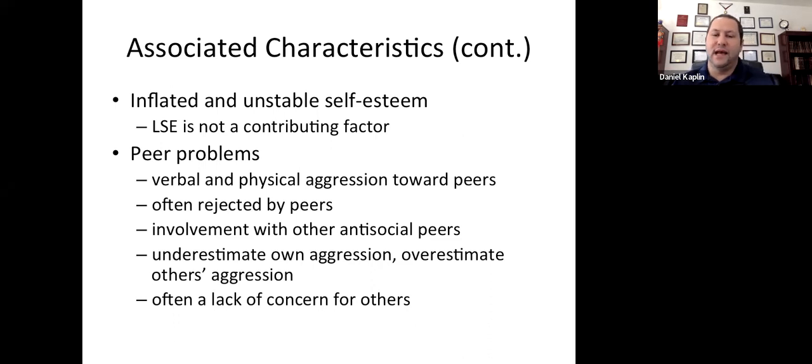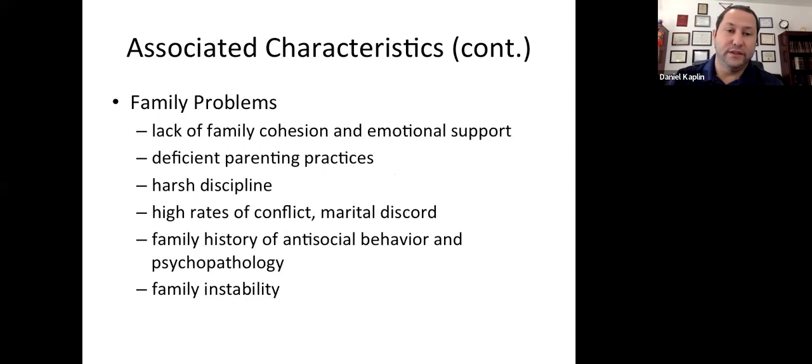And more often than not, that is identifying other people engaged in antisocial behavior. And so your peers tend to be involved in antisocial acts as well. And if we were to evaluate self versus the other, there is a bias to overestimate other people's aggression and underestimate one's own aggression. And in terms of empathy, we see a lack of concern for others.